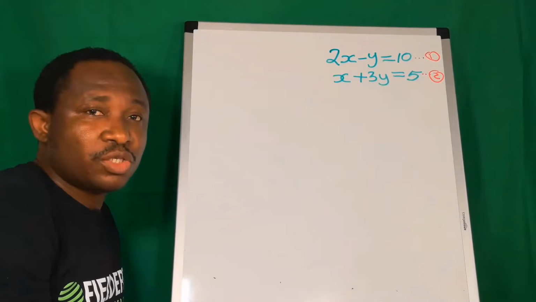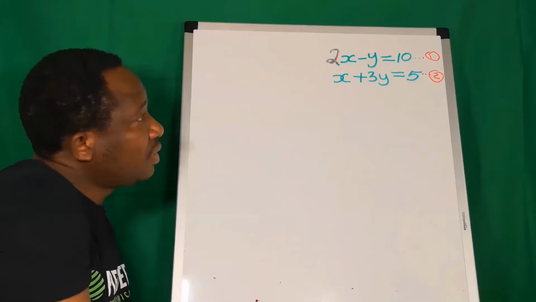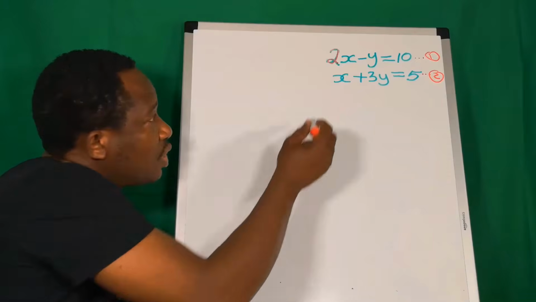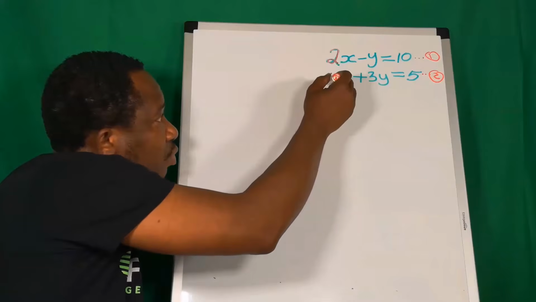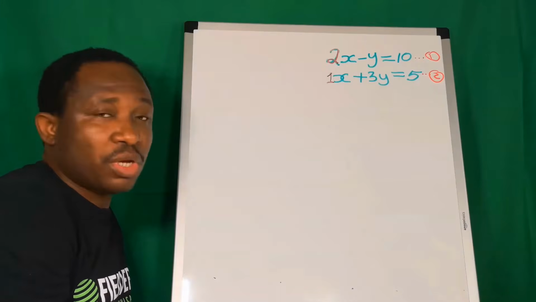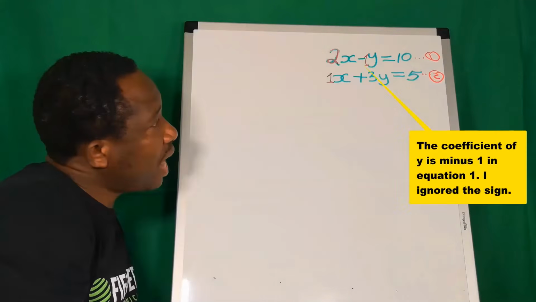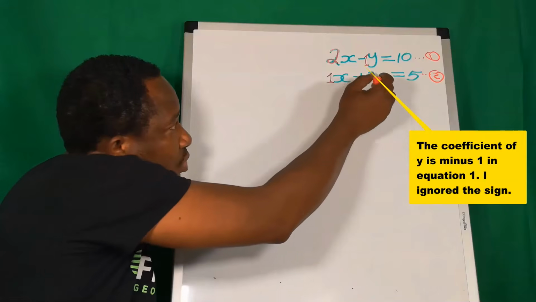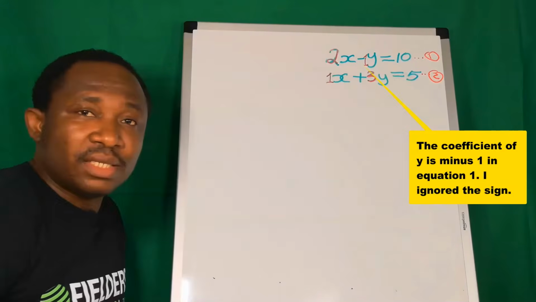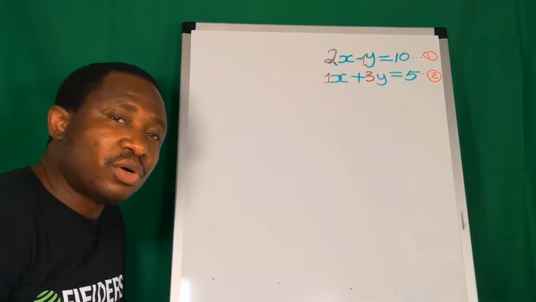From equation 1, the coefficient of x is 2, and in equation 2, the coefficient of x is 1. They are not the same. Also, in equation 1, the coefficient of y is 1, while the coefficient of y in equation 2 is 3. They are also not the same. What are you going to do in such a situation?